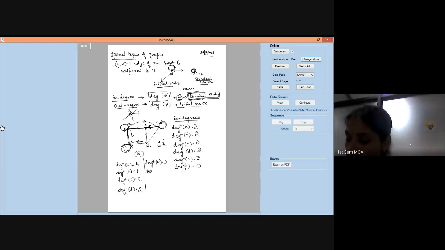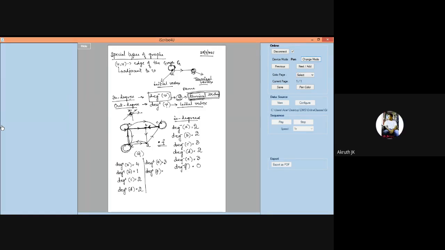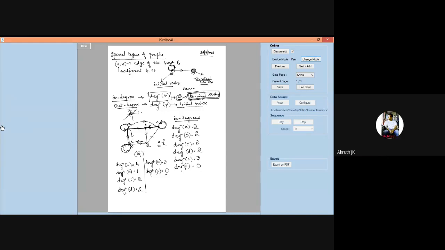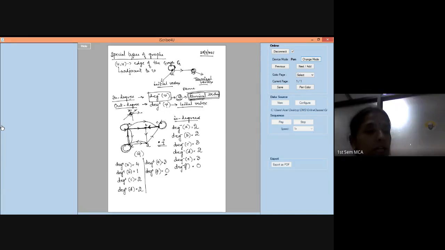Next, out degree of F, 0. This is what is called the in degree and out degree of every vertex. Is this clear to you all? Yes, ma'am.